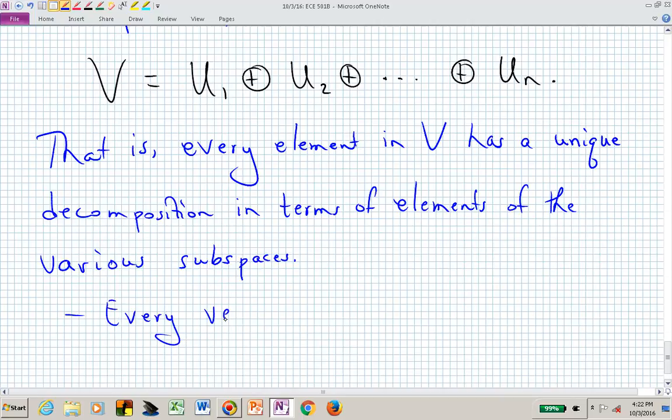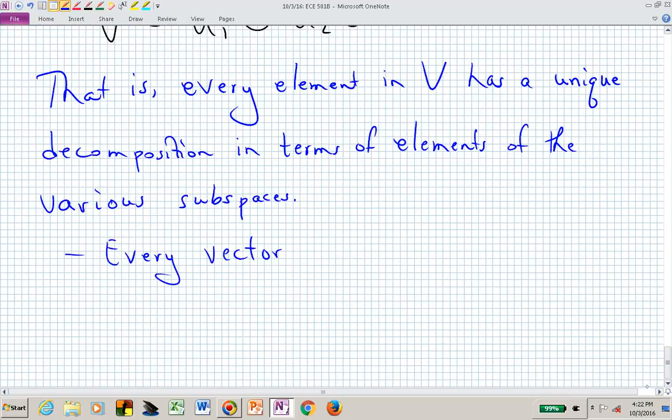Or every vector space. And one thing that we should recall is that every vector space has a decomposition like this, or the ability to perform a direct sum decomposition.